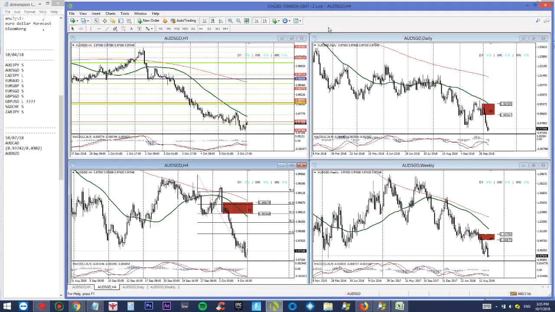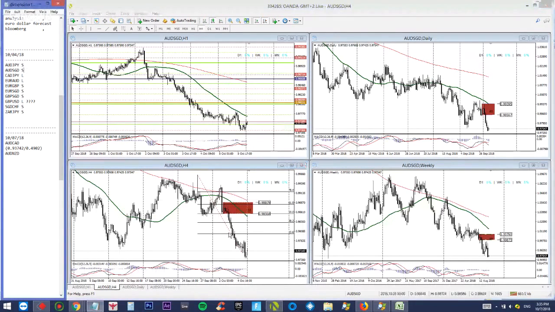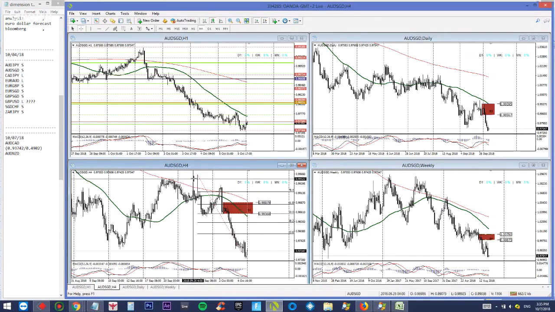AUDSGD on the previous list, this is expecting short because the supply zone has been created by breaking the previous low on the weekly and the daily. And on the 4-hour, we have a higher high testing, the neckline broke. So we're expecting some retrace from this area, this zone.